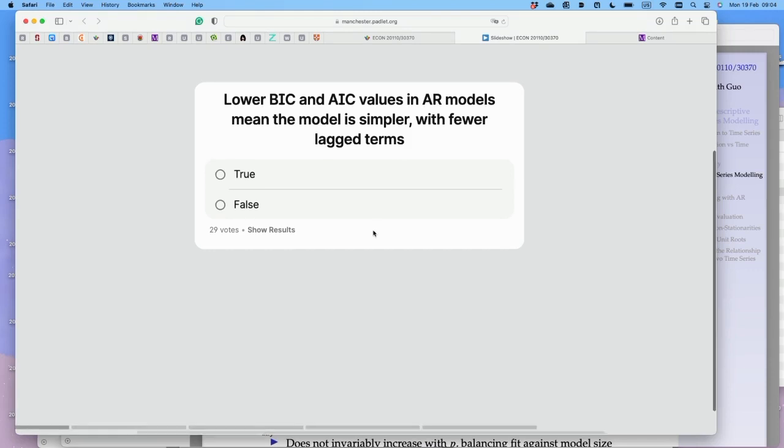So the first one here is related to BIC and AIC, discussed on Friday. What it says is that lower BIC and AIC values in AR models mean that the model is simpler with fewer lag terms. So do you think this is a correct statement or a false one?